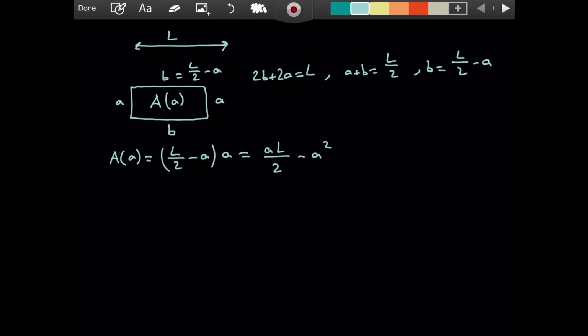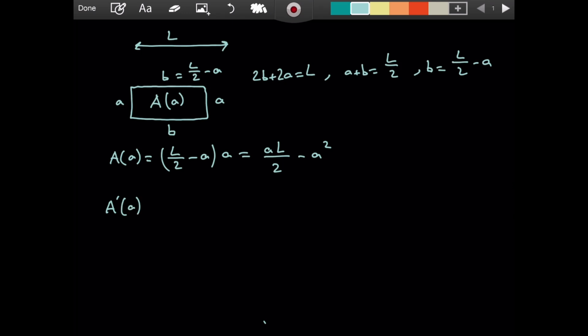Now, we want this to be a maximum, and if we are doing a maximization problem, we are probably going to use a derivative, because they help us to find the maxima and minima of a function. So let's take the derivative of the area with respect to little a.